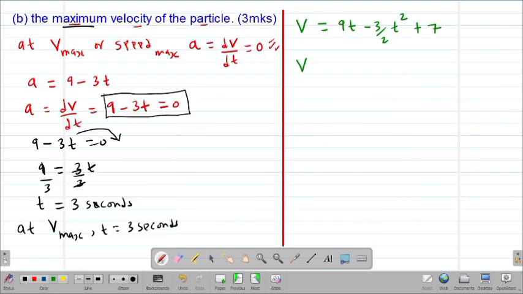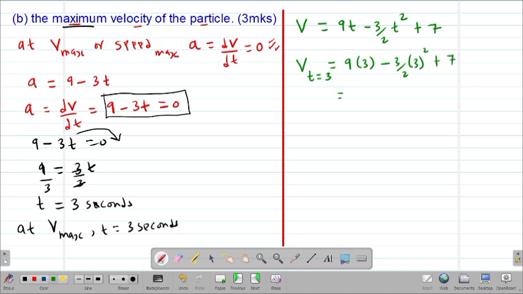Therefore, the velocity of the particle at the point when time is equal to 3 seconds will be equal to 9 into 3, then of course minus 3 over 2 into 3 squared, then of course plus 7.